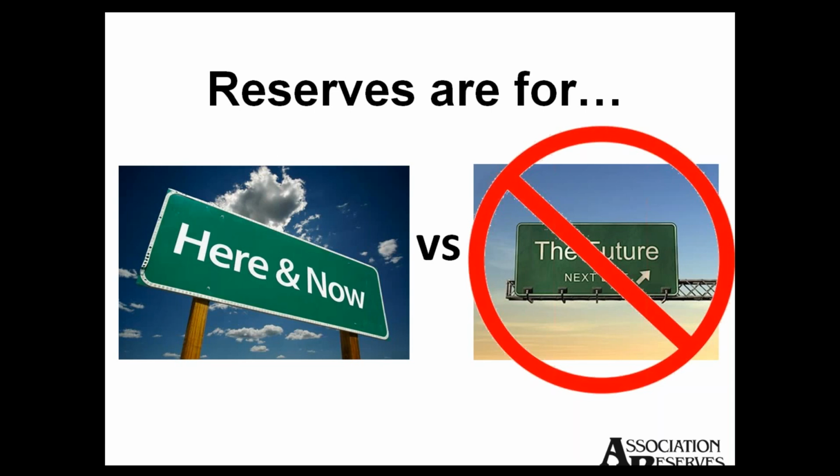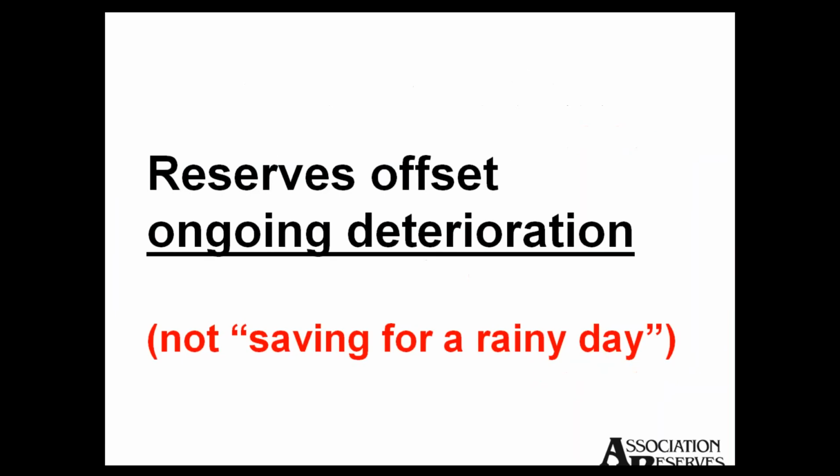The bills may be in the future, that roof bill, that asphalt bill, that painting bill, but the cost is ongoing, daily, weekly, monthly, ongoing deterioration. So if you can offset ongoing deterioration, then the future is going to take care of itself.